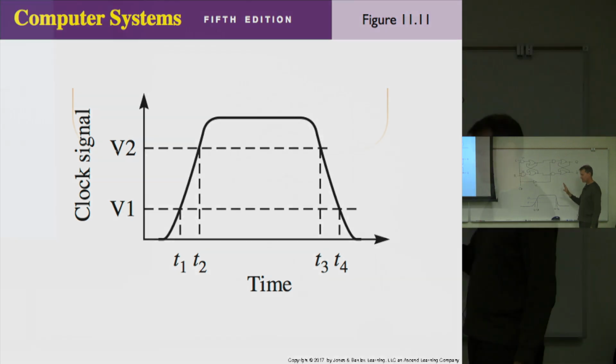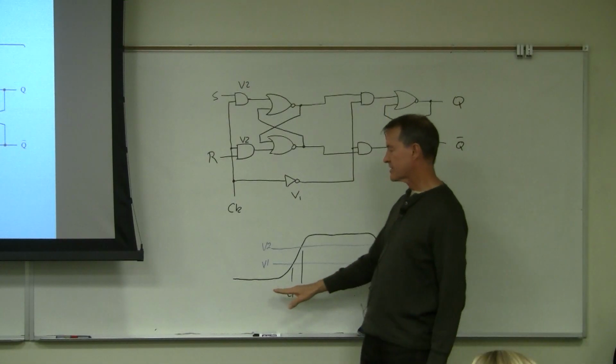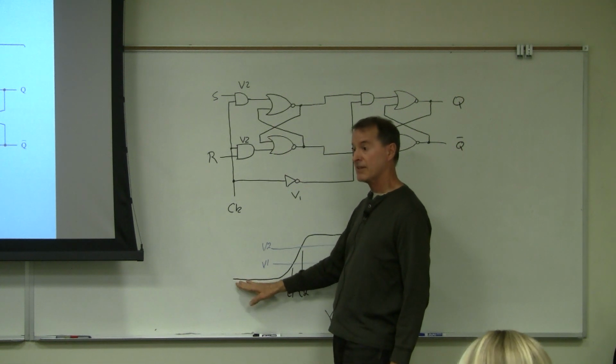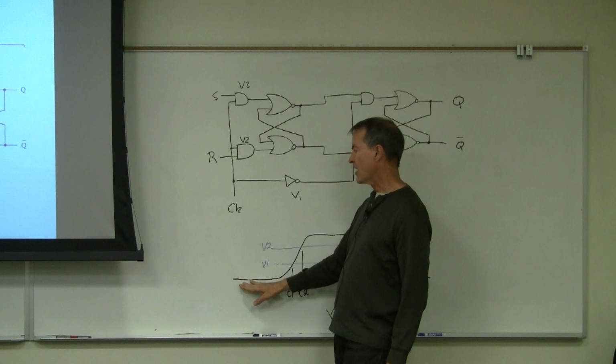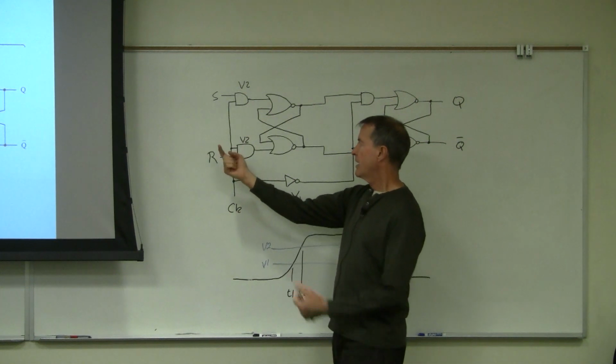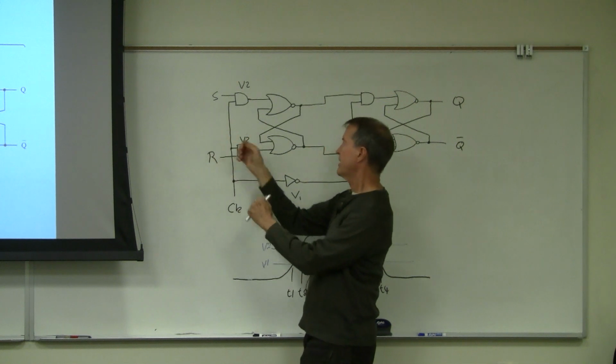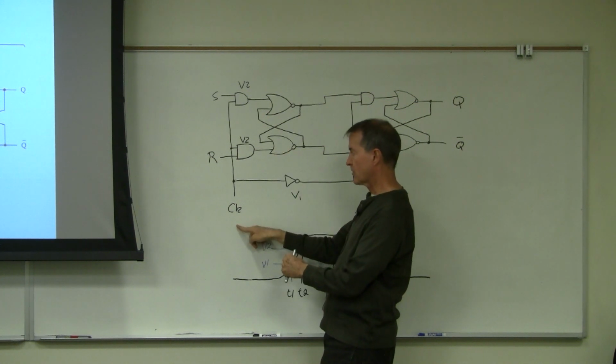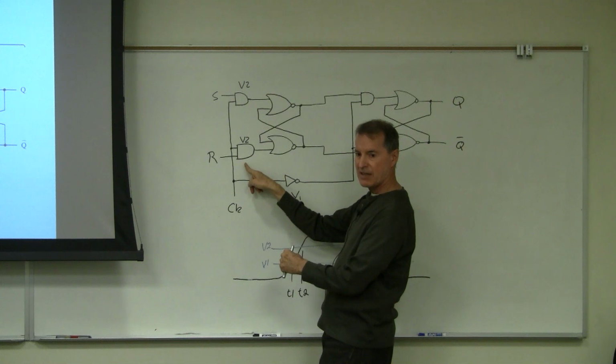Now, first let's see what happens before the clock pulses, when the clock is at 0. When the clock is 0, can the SR change the state of the master? It can't. Why not? Because if the clock is 0, it's disabled with these AND gates.